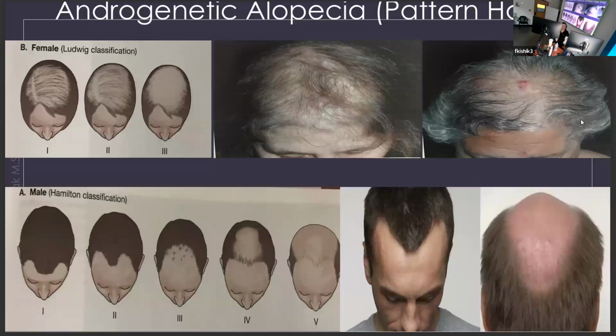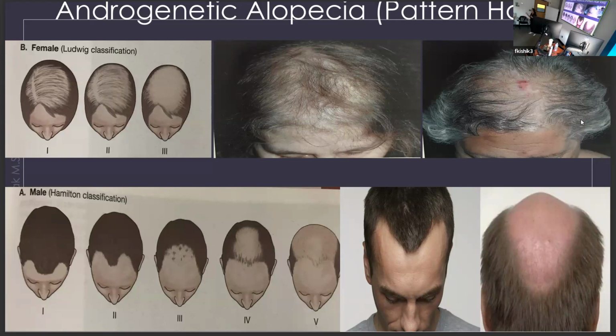Okay. So the first type of hair loss we're going to be talking about today is androgenetic alopecia. This is perfectly named for what it is because it's based off of an androgen that's going to affect genetically susceptible people and cause alopecia, baldness.